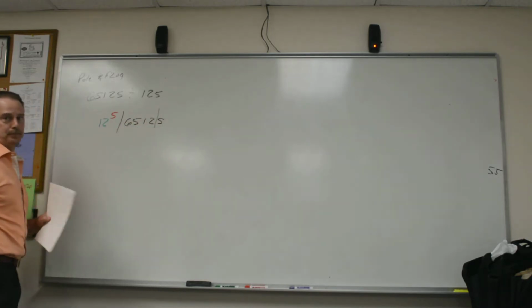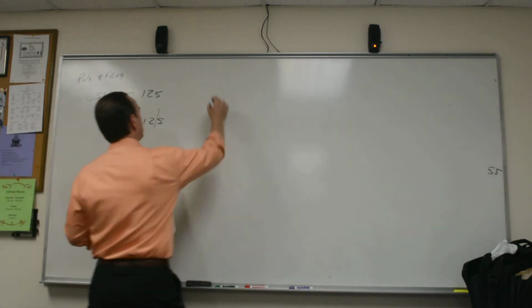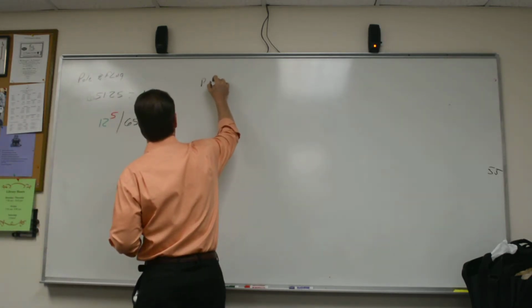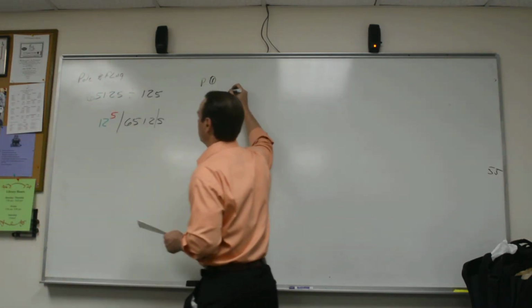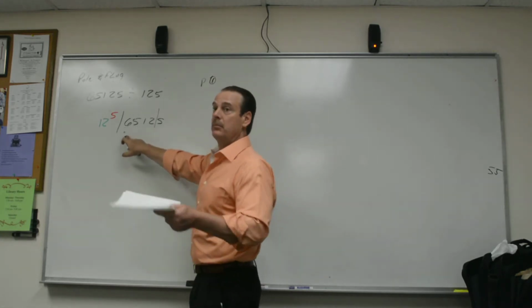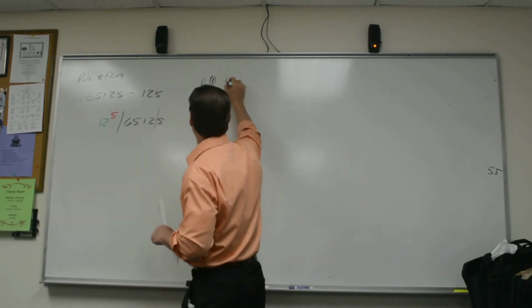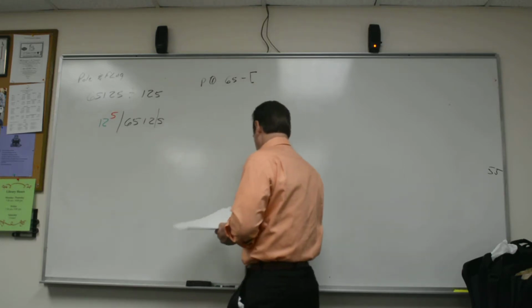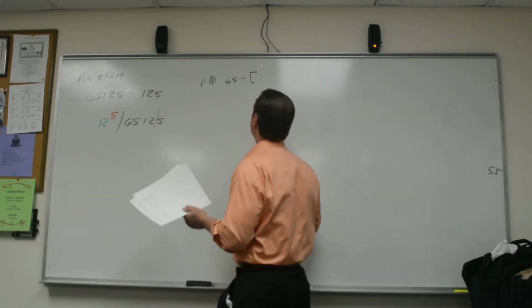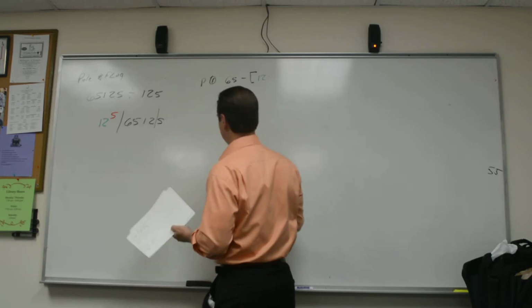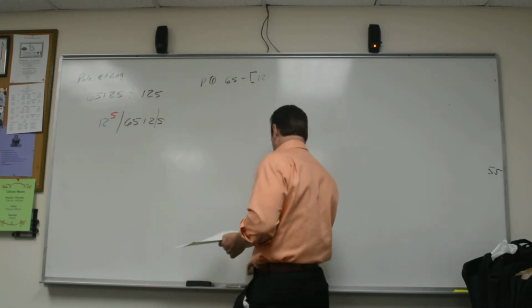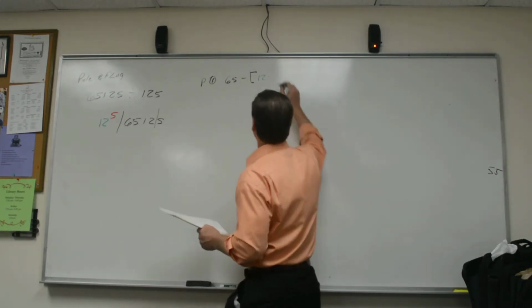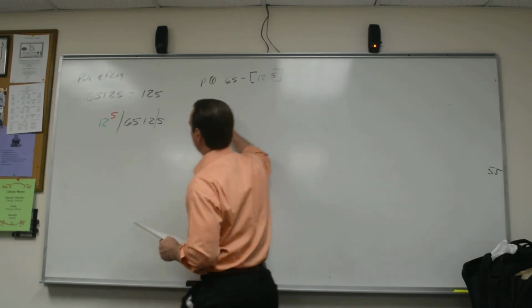Decimal line? 1, 2. Step 1, here's our pole. Well, 12 doesn't go to 6, but 12 does go to 65, so 65 minus 12 times what? 5. Yeah. 5, 60. 5, so that goes over here in our quotient.